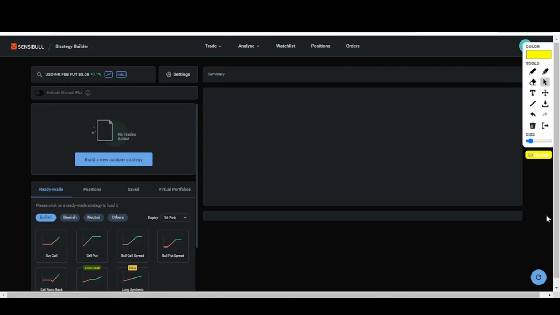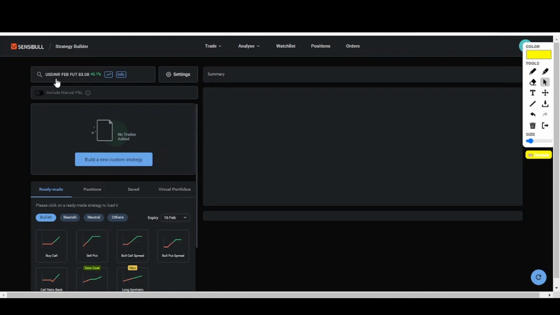It's wondering, right? Even me too. Let's see. It's a Sensibull option strategy here. Like Nifty, Bank Nifty, Fin Nifty and Sensex, USDINR options are available on the Sensibull platform.